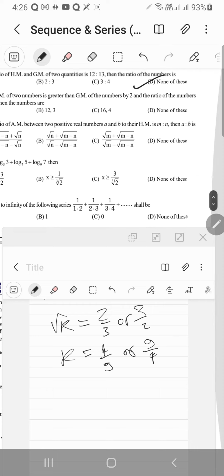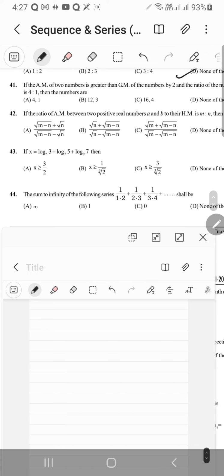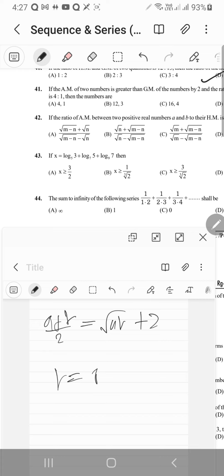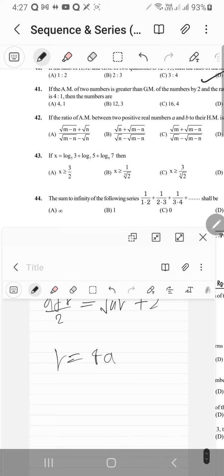Okay. If the AM of two numbers is greater than GM of the numbers by 2, and the ratio of the numbers is 4:1, then what are the numbers? So AM is greater than GM by 2, that is (a plus b) upon 2 equals GM, which is square root of ab, plus 2, and the ratio of the numbers is 4:1. Let's say b is 4 times a, right?